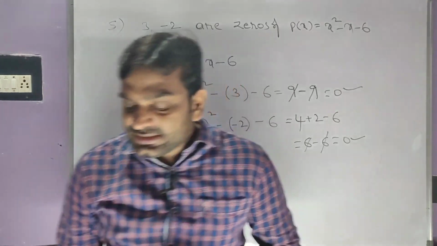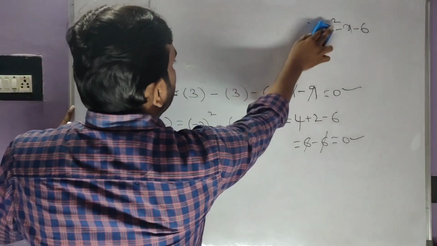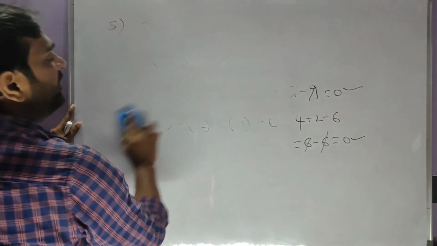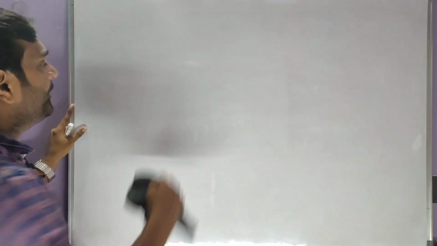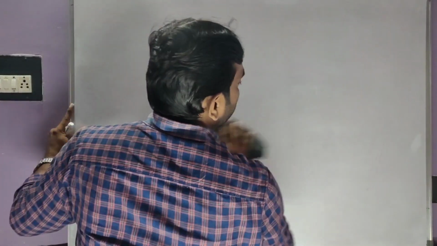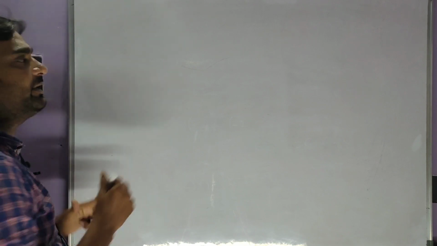What is the standard form of a linear polynomial? Ax plus b, where a not equal to 0, and a, b are real numbers.